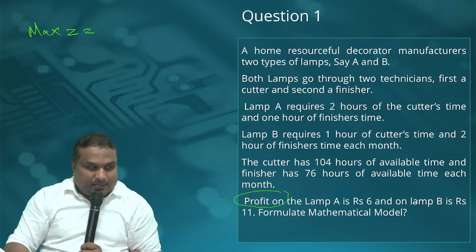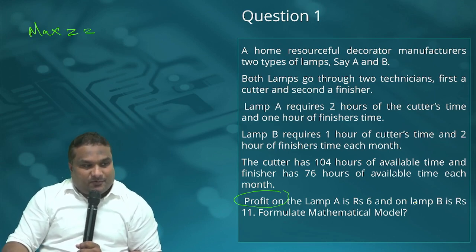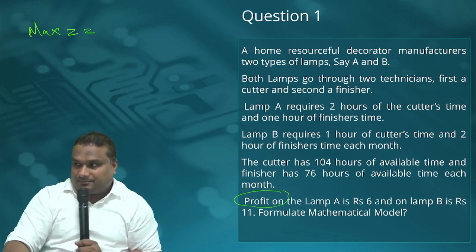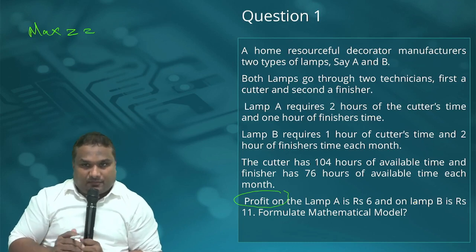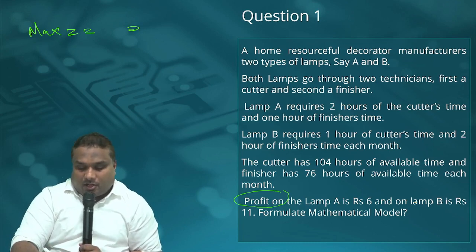Now look at, my dear friends, what is the profit which we are getting on the first item? 6 rupee. I don't know how many items I am going to make, so let their number be x1. For every one item I am making, I will get 6 rupee.